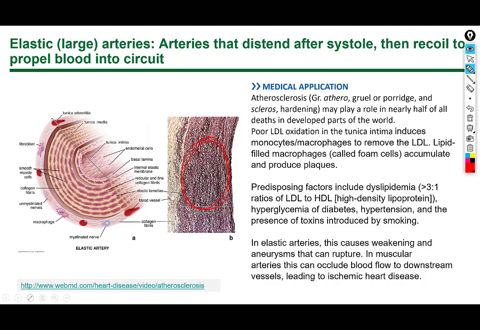There are some predisposing factors that can increase one's risk of developing atherosclerosis. So dyslipidemia, which means improper ratios of lipid types in the blood. So greater than a 3-to-1 ratio of low density to high density lipoproteins. The density portion, again, refers to the relative amount of fat to protein.